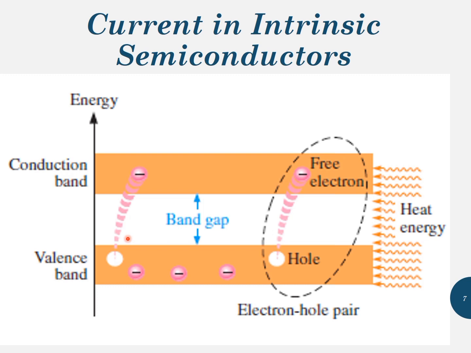In intrinsic semiconductors, the total number of negative charge carriers or free electrons is equal to the total number of positive charge carriers or holes. This is called an electron-hole pair, as you can see here.